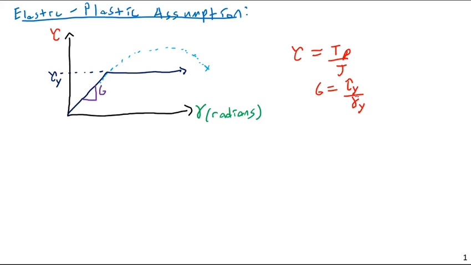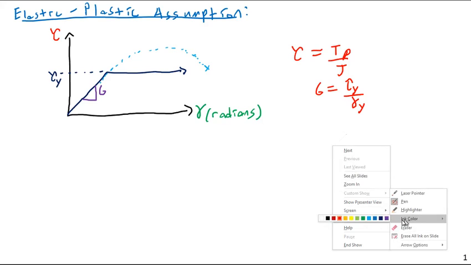So G again is just going to be tau yield over gamma y. Again, that's more of a definitional relationship. This is basically a review of what G is in terms of stress and strain for shear, and then a review of our formula for shear stress for torsion.